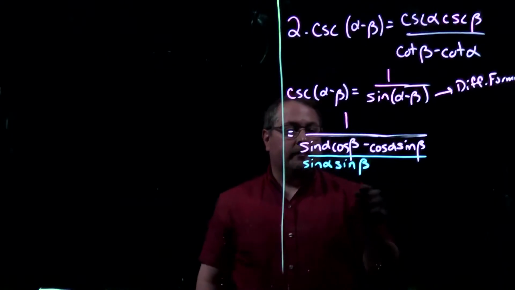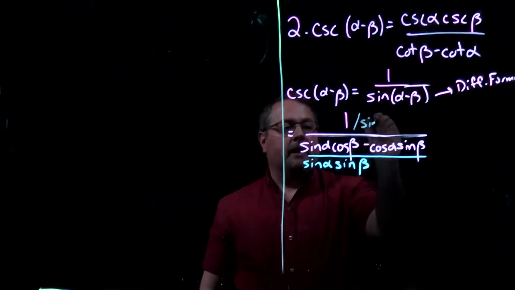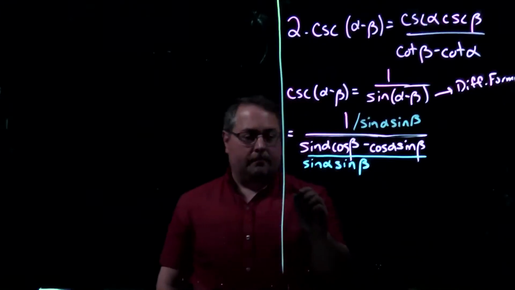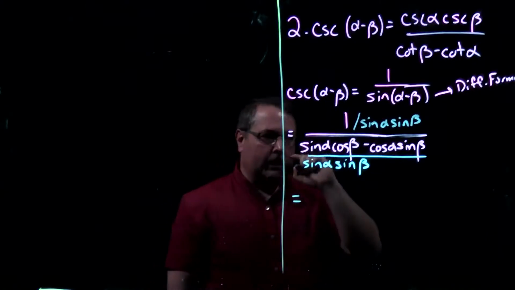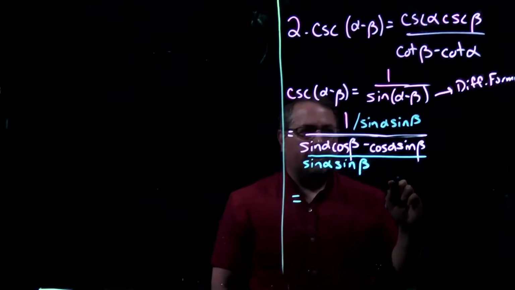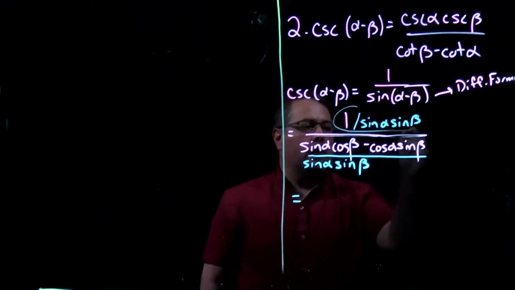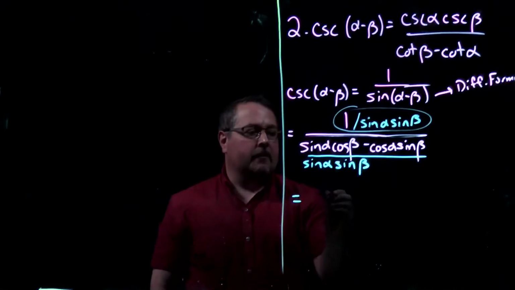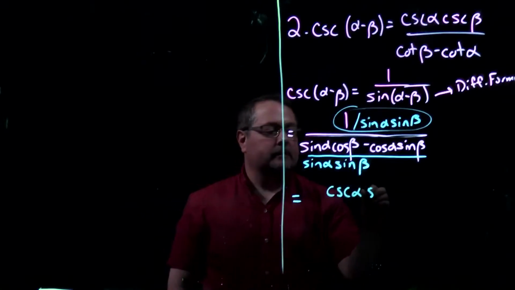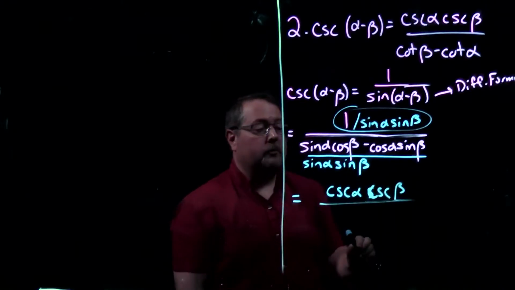So in other words, if we divide the top and the bottom by sine alpha sine beta, what we'll end up with, and I'll try to do this in a couple of steps so that everybody stays on board. So up top, we have 1 over sine alpha sine beta. That's the same thing as cosecant alpha times cosecant beta. That's the numerator we wanted.